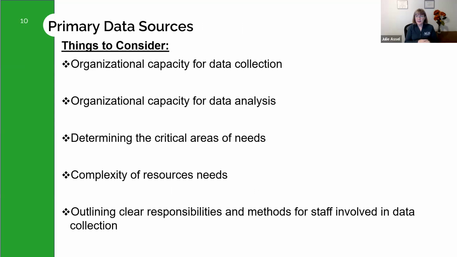Now, some things to consider as you move forward in looking at the data you have. You want to make sure you also determine your organizational capacity for data collection as you propose a new program. If this program is funded, you will surely need to report on it. So if your data collection team is already overwhelmed or will not be able to meet these deadlines, you should consider requesting additional help within the budget of your proposed project.